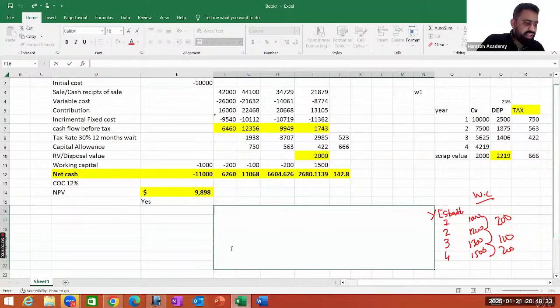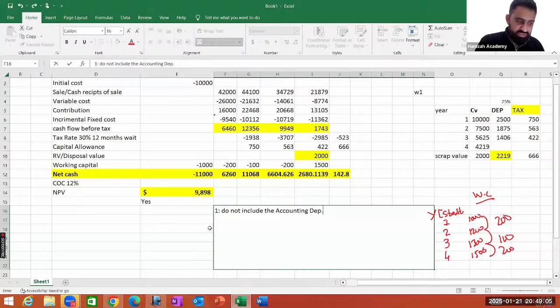Now, there are certain items which we do not include in the calculation of NPV. Number one, do not include accounting depreciation in the calculation of NPV, because accounting depreciation is a non-cash expense, and NPV is a cash flow based method.